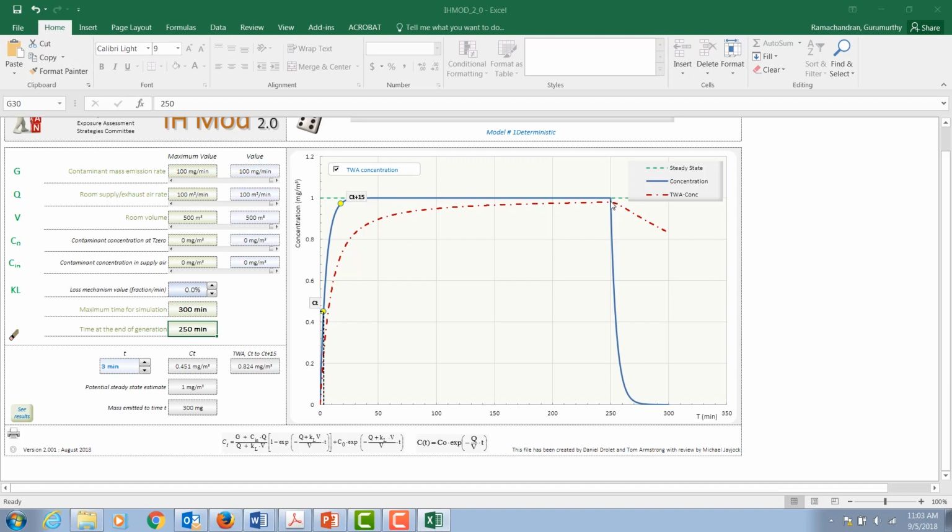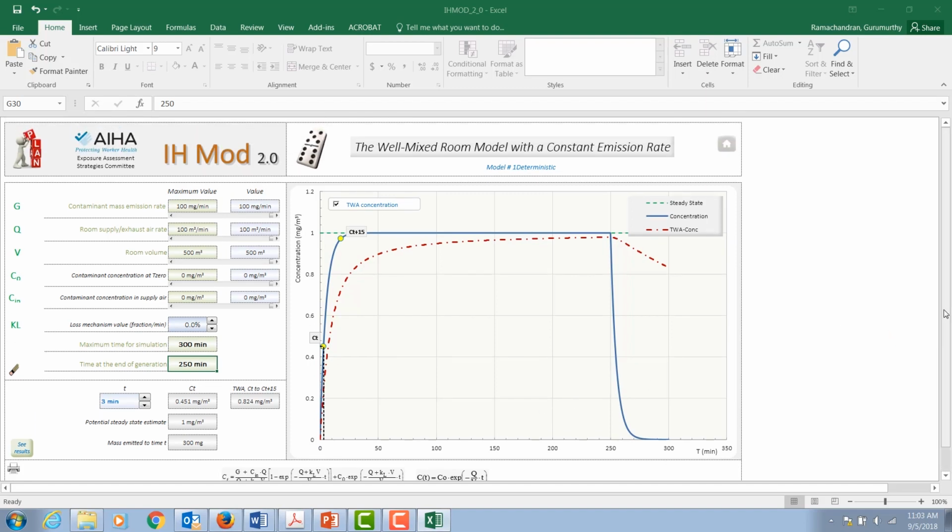So from 250 minutes all the way up to 300 minutes, we see the purging of the room of its contaminant in the air. And so there's a rapid exponential decay of the concentration in the room all the way down to 0. So this is the well mixed room model with a constant emission rate.